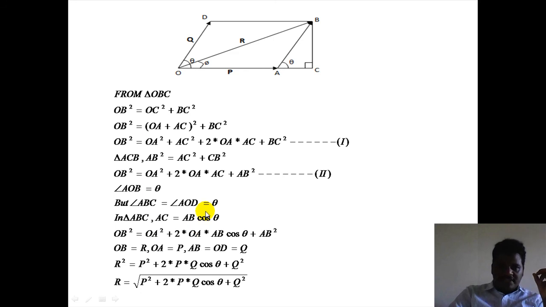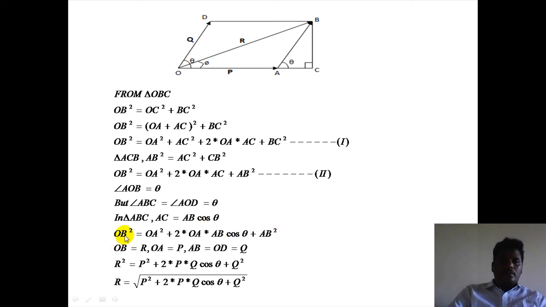Now this has been substituted in equation 2. OB square is equals to OA square plus 2 OA, in place of AC substituting AB cos theta, plus AB square.